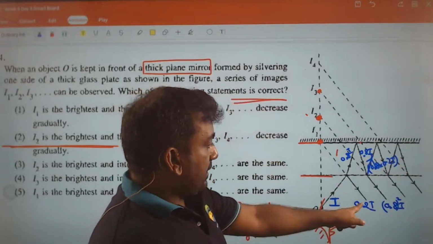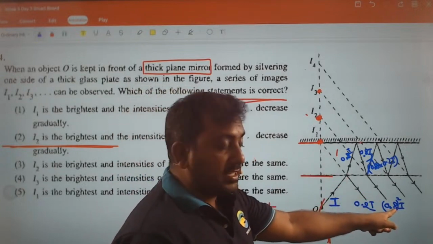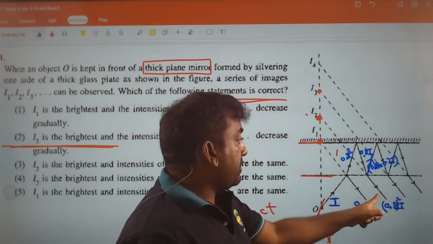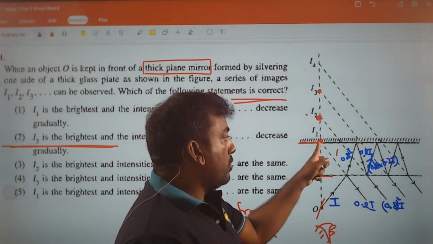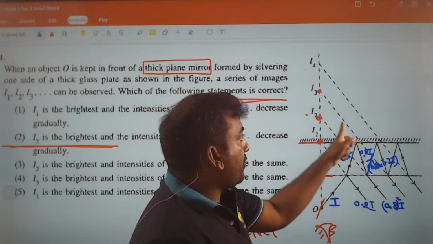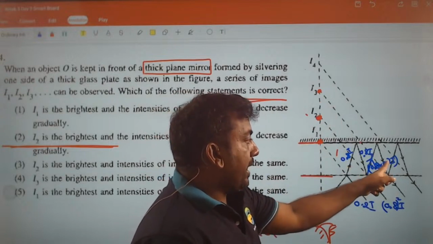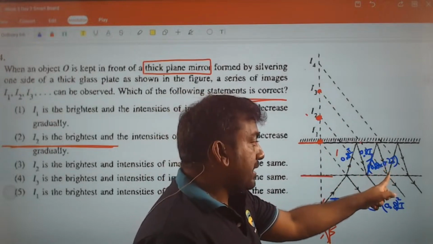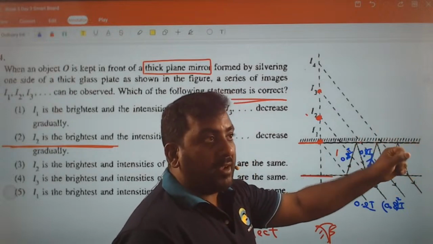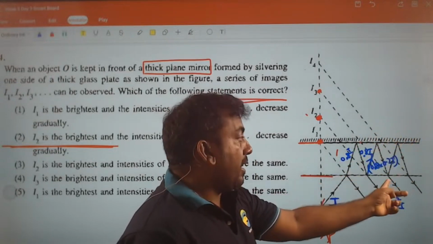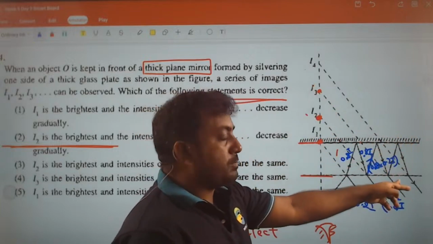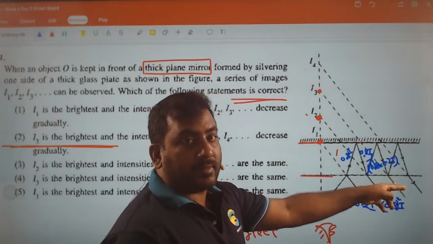So you can see this intensity is less, this intensity is more. 0.8 square means 0.64 I intensity. This intensity is going to be 0.2 I. This one coming out from here, how much? 0.8 times 0.2 is 0.16, and 0.16 times 0.8 is 0.128.